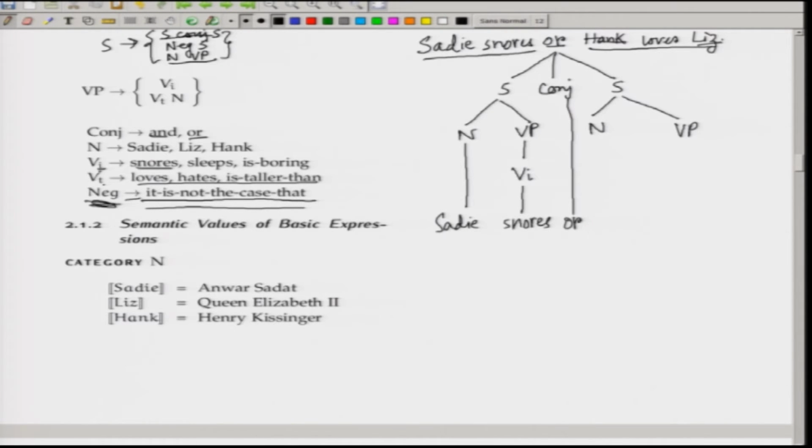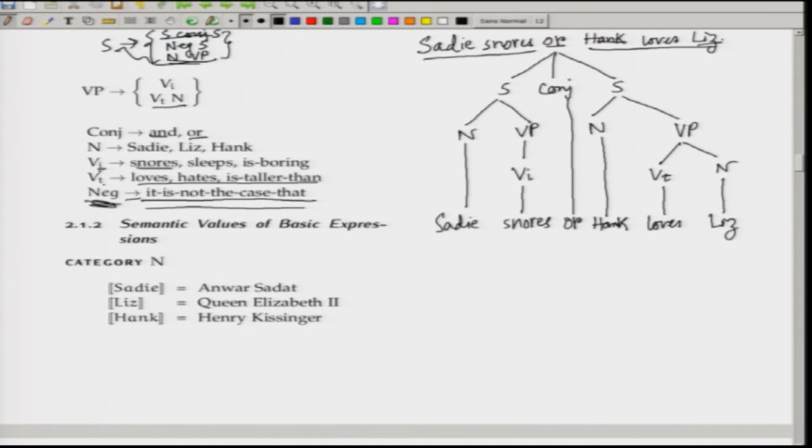S goes to N VP, and then N goes to Hank without any problems, but the VP is complex because VP goes to VT N. So, VT goes to loves, and N goes to Liz. So, we can see that this is a perfect sentence in our language.